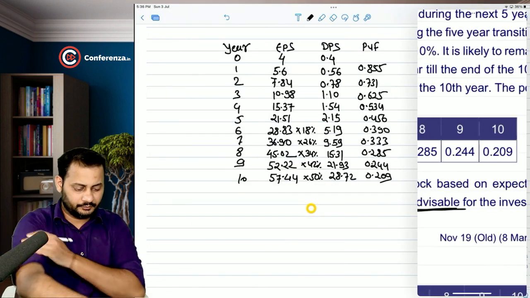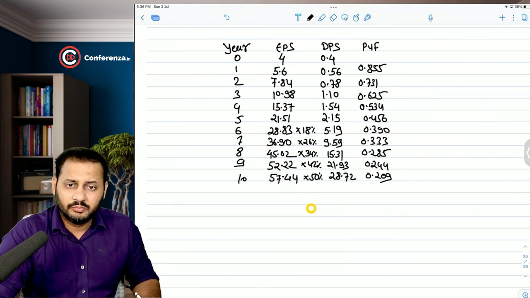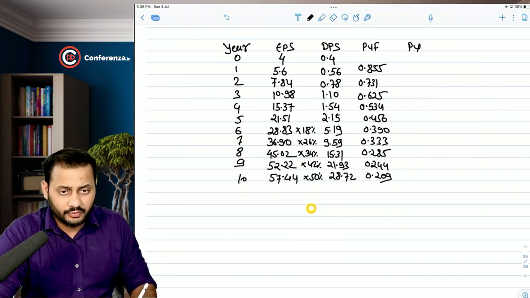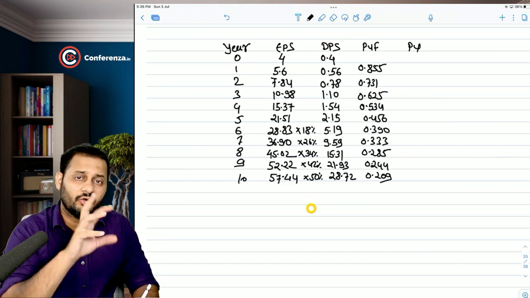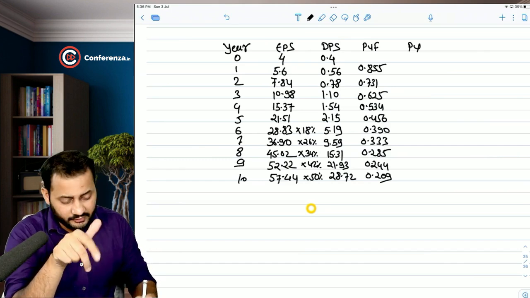This way we are going to reach the present value of all the dividends.